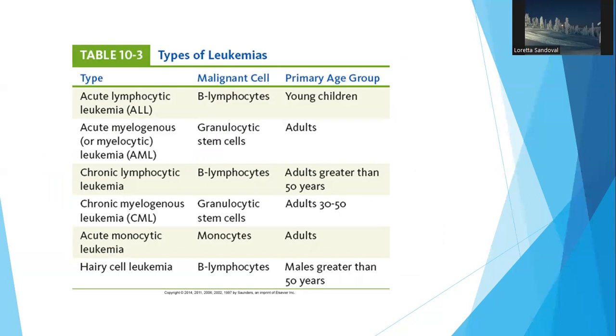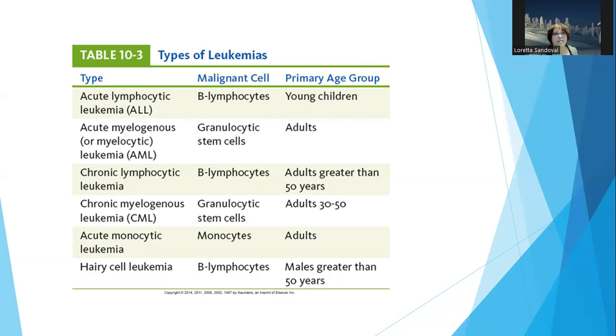Some are listed as acute, some are listed as chronic. So as you can understand, the acute ones are sort of more dangerous or more exigent. I don't know the right word. They're acute, and the chronic ones you live with.